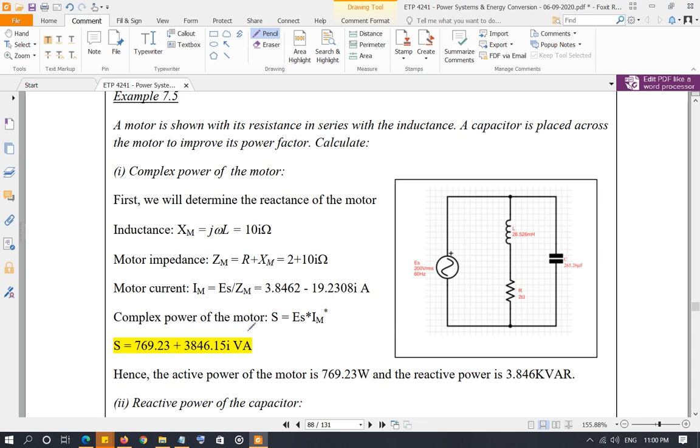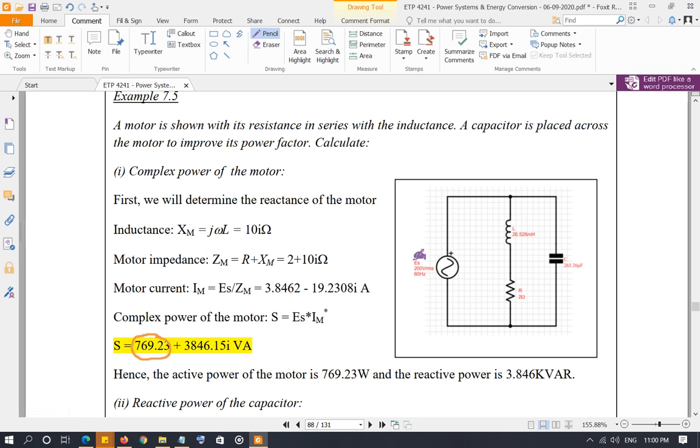You calculate motor current, ES over ZM. Of course, this is a complex quantity because you are in the phasor domain. And then you calculate the complex power of the motor: ES times IM complex conjugate. It came out to be 769.23 plus j3846 volt ampere.